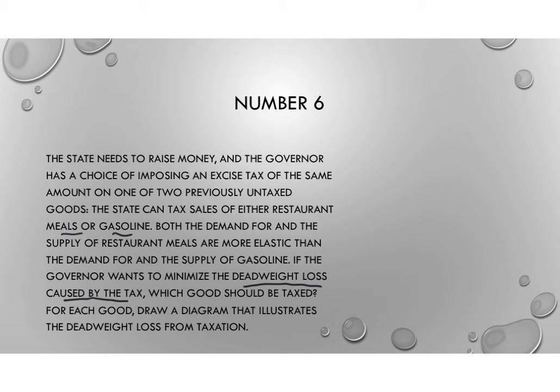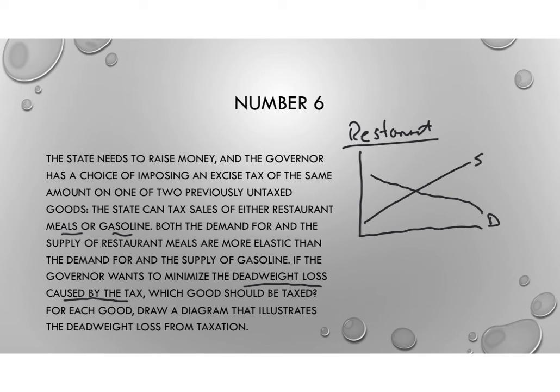So one thing we might want to graph is the restaurant meal. Okay, and then we'll also graph the gasoline. If we graph the restaurant meal, we are told that demand is fairly elastic. Let's draw something relatively flat. Supply is also, I've got a pretty typical supply curve, but let's imagine now that we have a supply curve plus the tax, okay?